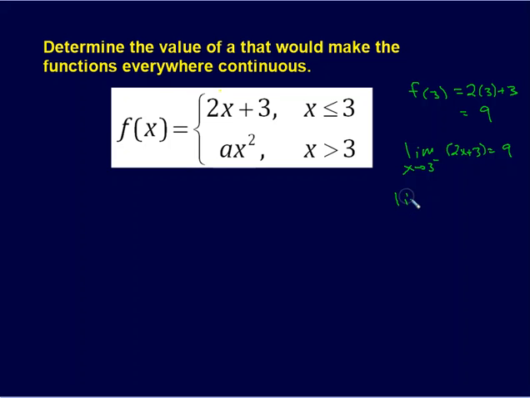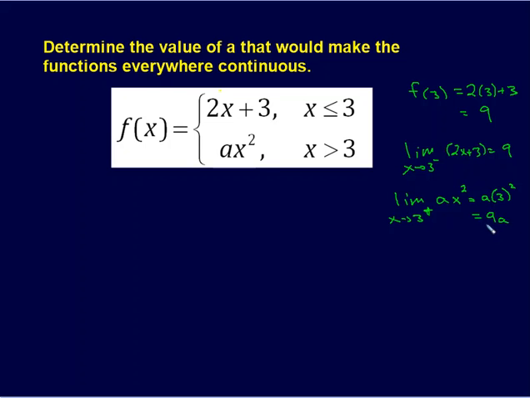But now coming from the right, I must use the rule defined for values of x bigger than 3, which is ax squared. And this limit involves x. X is approaching 3 coming from the right. But I can get this limit just by plugging in 3 for x and getting a times 3 squared, which I would call 9a.